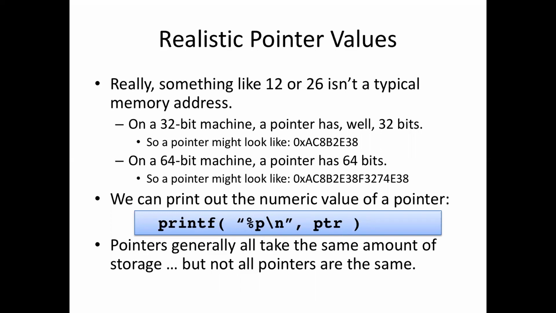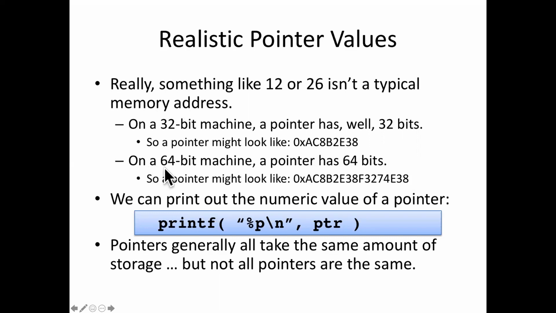If you're running on a 32-bit machine, a pointer value will probably look something like this, 8 digits of hex. Nowadays you're probably running on a 64-bit machine, and pointers are a lot bigger. They're 16 digits of hex, because that's really what these things mean. A 32-bit machine means the address space takes 32 bits to describe an address, so a pointer is going to be 32 bits worth of hexadecimal.